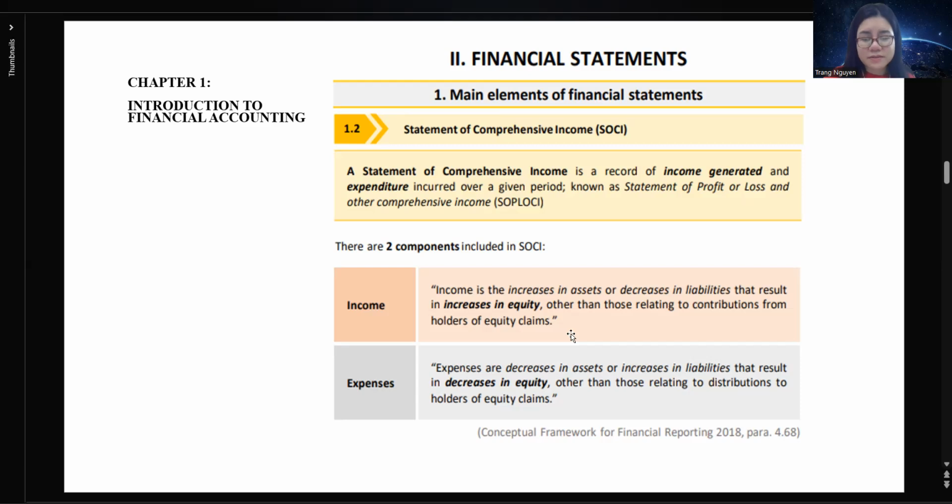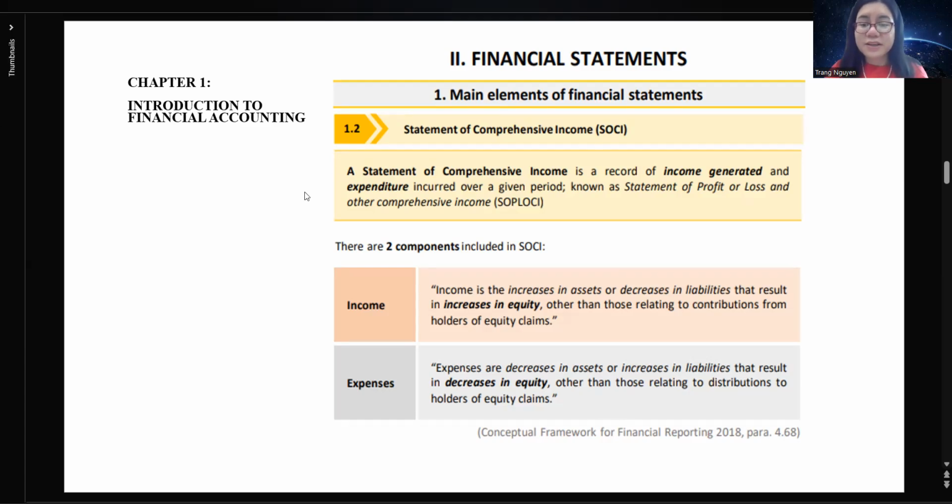And how about expenses? Expenses are decreases in assets or increases in liabilities that result in decreases in equity, other than those relating to distributions to holders of equity claims.